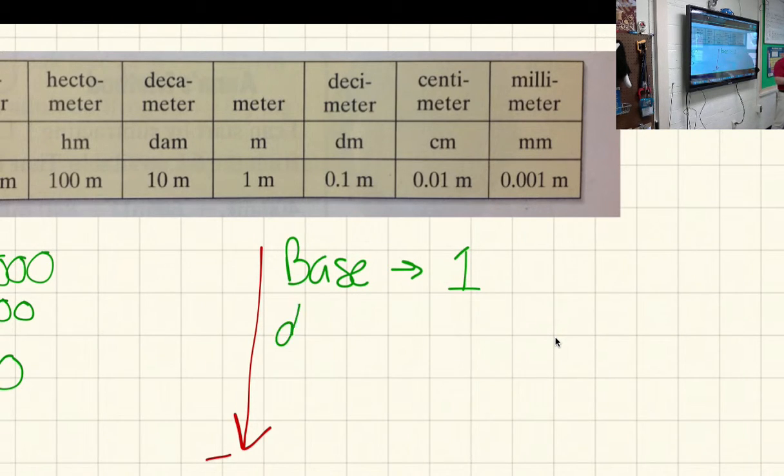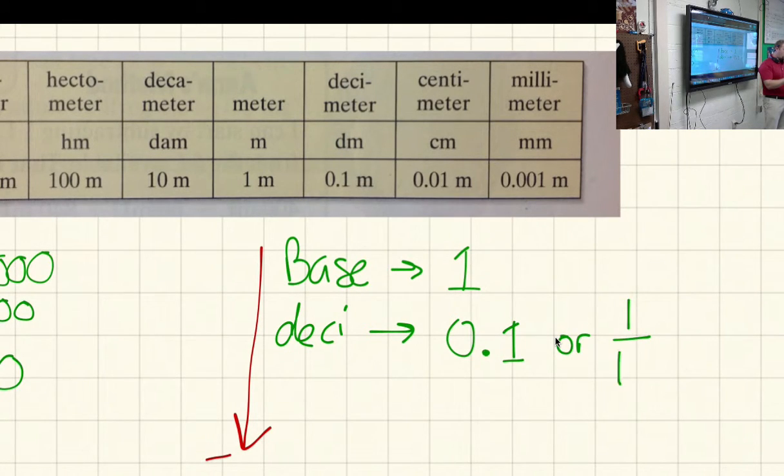So deci refers very carefully to what decimal value? A tenth. So it's either 0.1 or 1 over 10. Those are the same thing, by the way. This is the decimal version of this fraction. Finn, are these the same thing? Yes, they are.